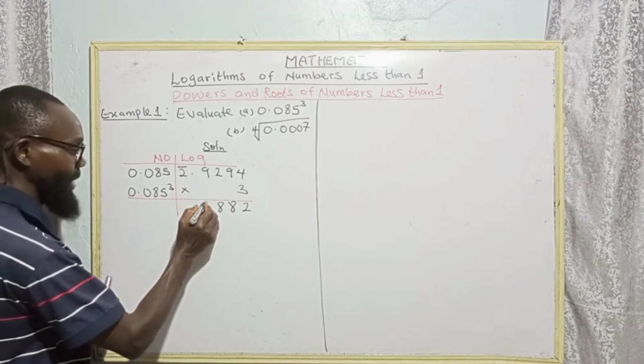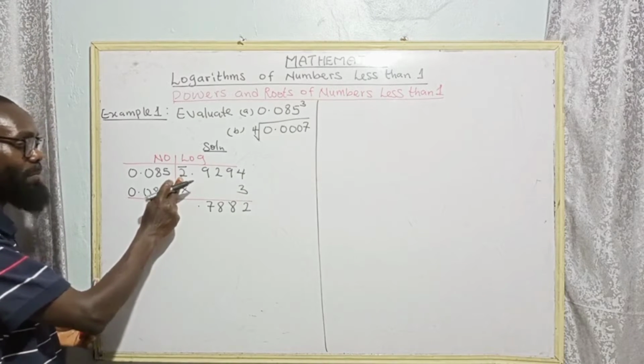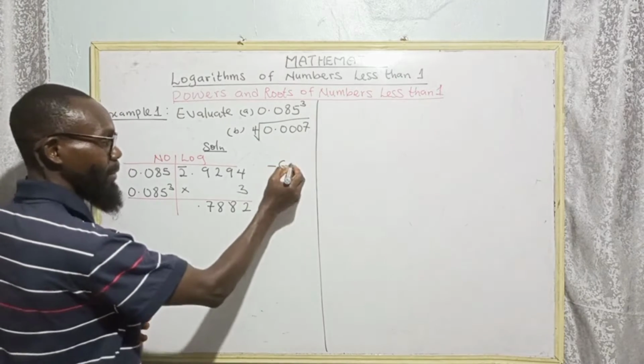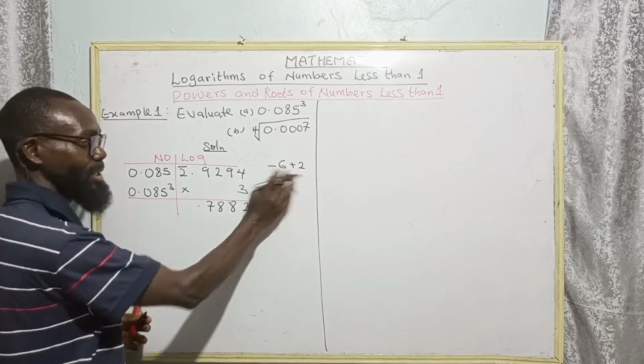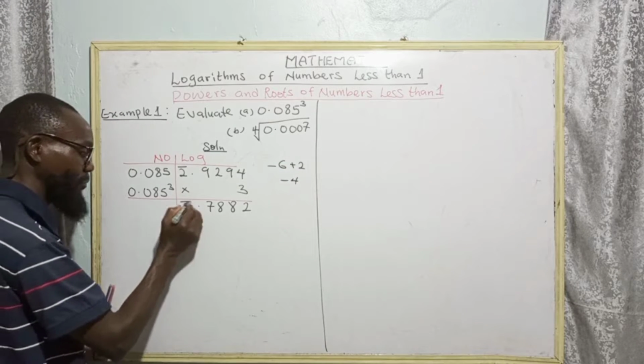So we write 7, carry 2 points. 3 times bar 2. We have bar 6, and bar 6 means minus 6, plus the 2 we've carried. So minus 6 plus 2, we have minus 4. So we're going to have bar 4.